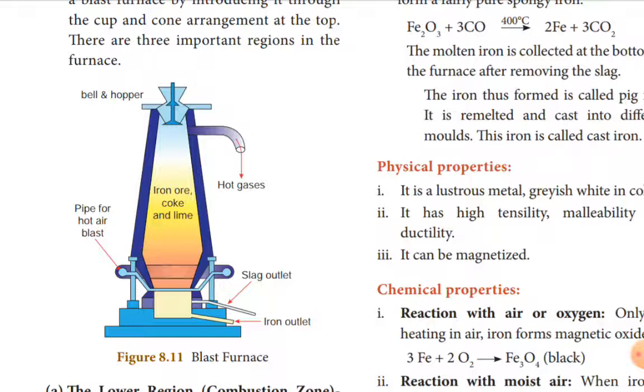The hot air blast is sent through a tuyere, a type of pipe usually made of copper, through which hot air is blown into the blast furnace for the chemical reaction. At the bottom of the blast furnace, an outlet is given to remove the fused iron, and above that a slag outlet to remove the impurities. These are some of the important parts of the blast furnace.